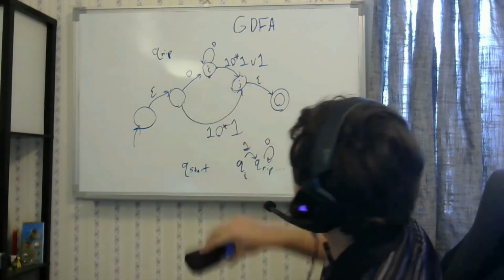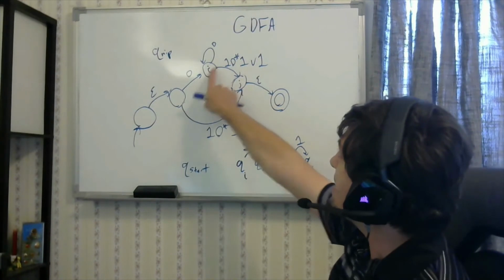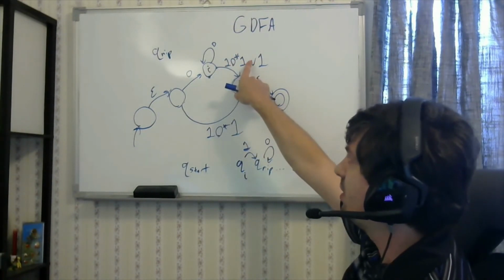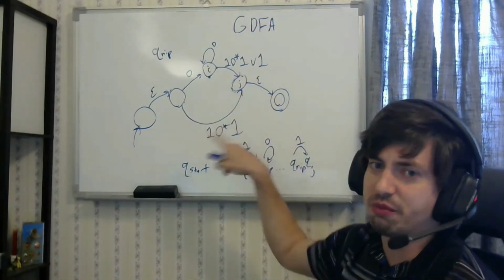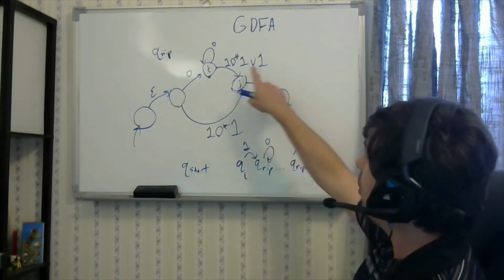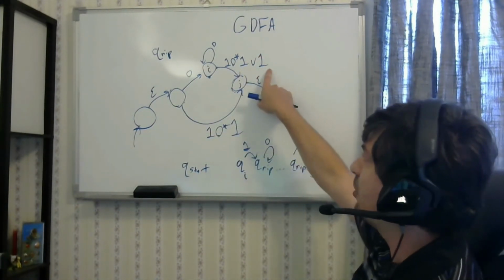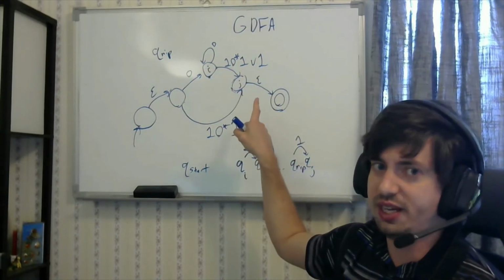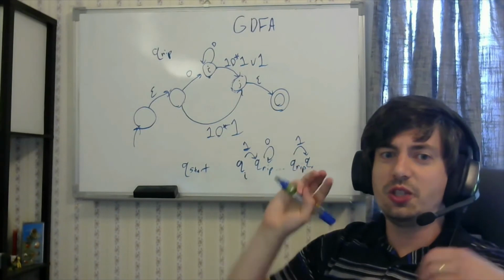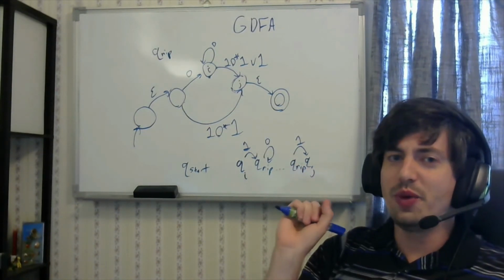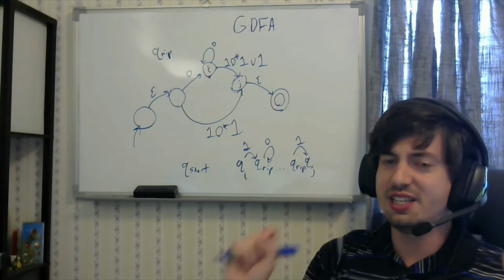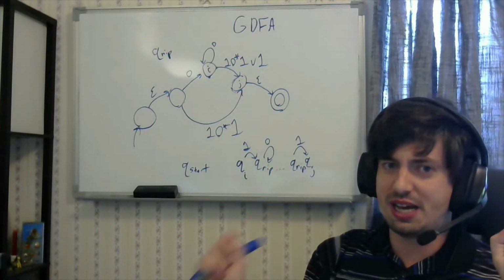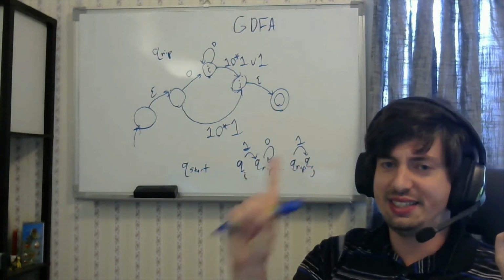We are going to say you can get across this edge either by accepting an input of 1, 0, star, 1, which we generated from replacing the ripped state, or by taking an input of 1, which was just the simple edge that we had there originally. So using this process, we have now defined a correct generalized discrete finite automata with one less state than what we had before.